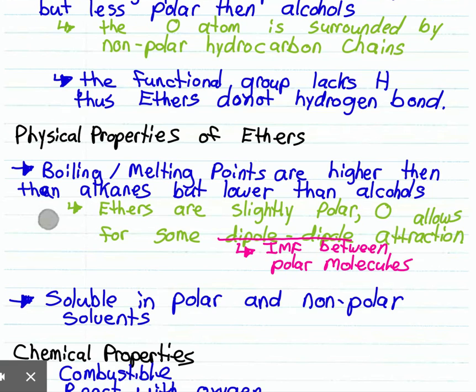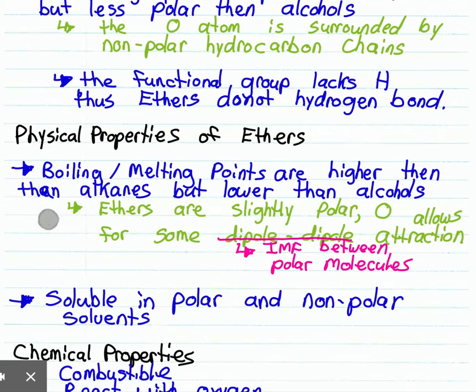It is not going to hydrogen bond, but it will form dipole-dipole attraction, resulting in intermolecular forces that are stronger than the London dispersion force of just a straight alkane, but not as strong as a hydrogen bond.